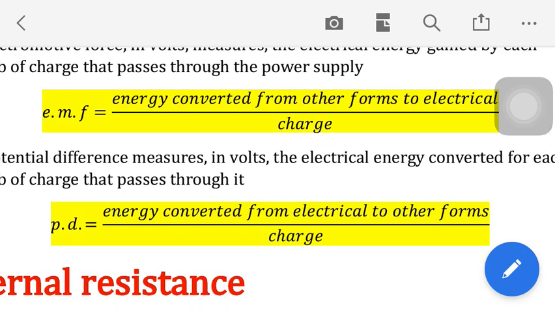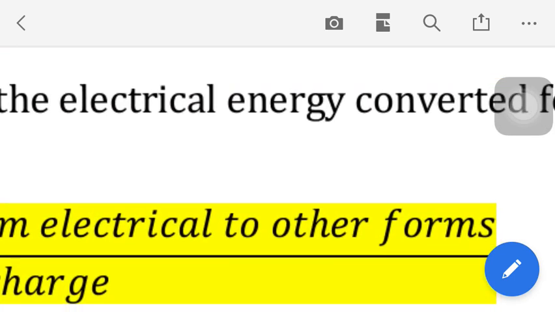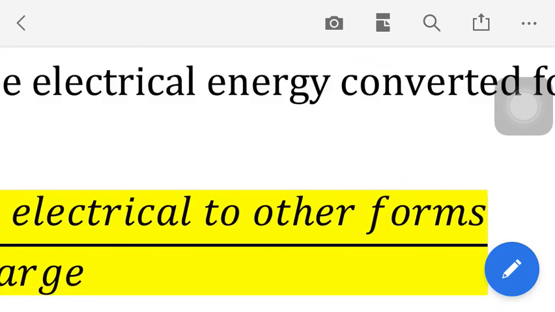But potential difference is energy converted from electrical to other forms per unit charge. If you go to the mark scheme, there is all possibility. For EMF you will score, that's okay, but for potential difference you would just leave the answer as other forms.